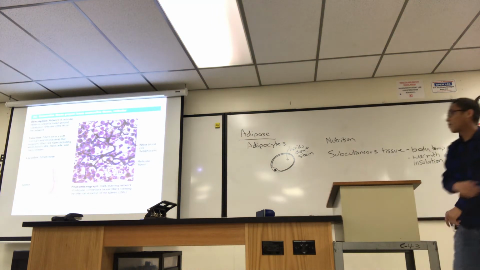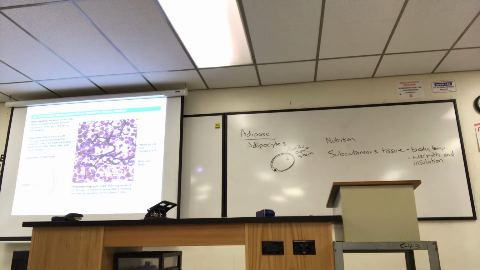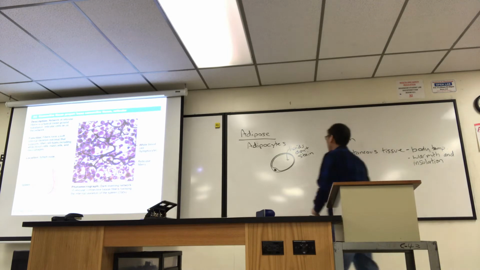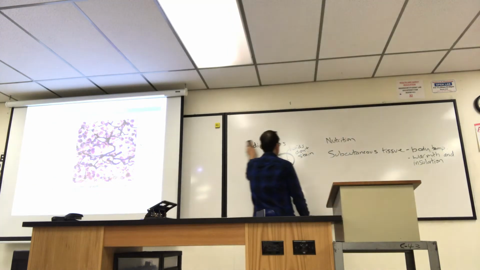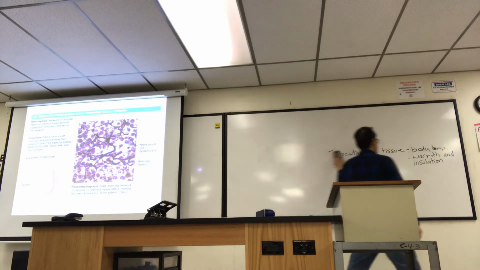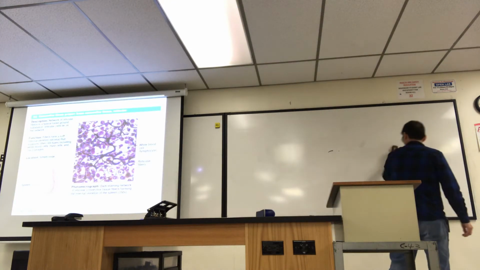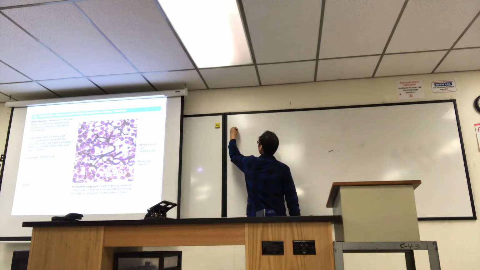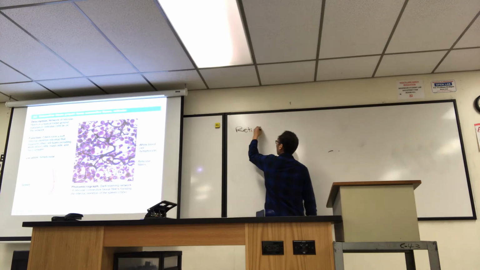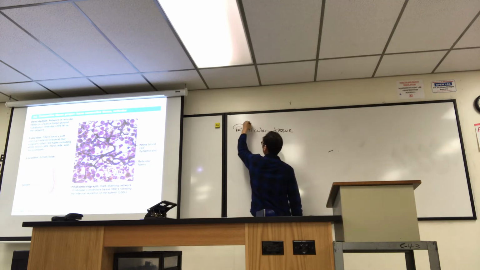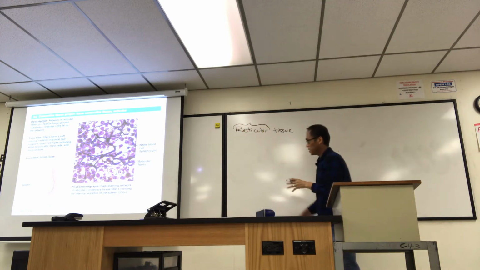All right, so I want to move on to the next tissue, reticular tissue. This word comes up a lot in anatomy. It means dense network.